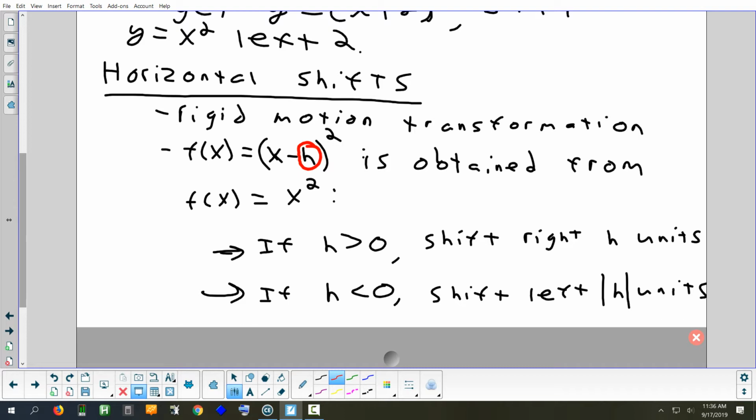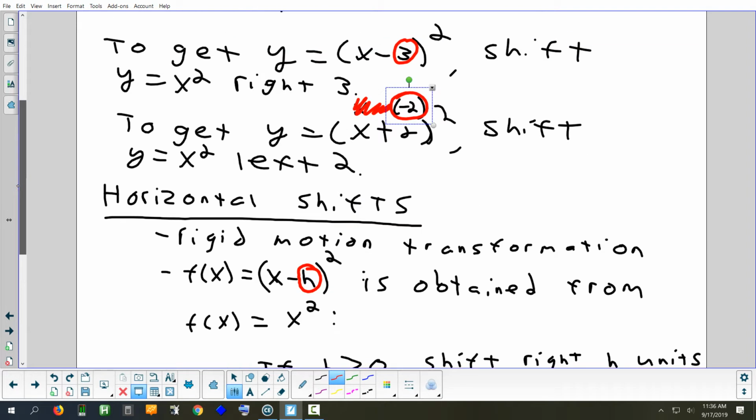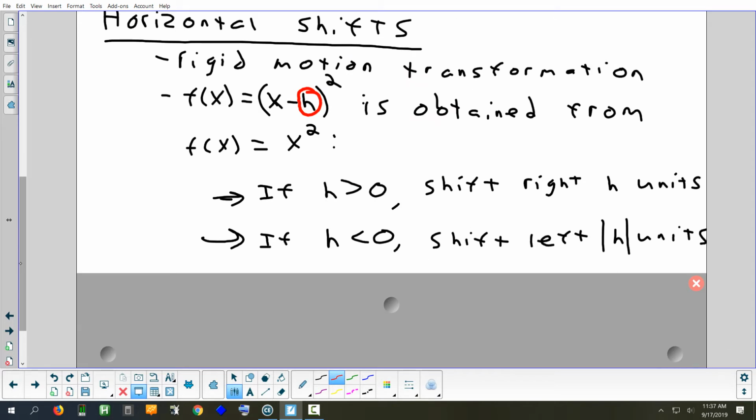Okay? So like if you see a plus 2, think in your head, okay, plus is really going to go left 2. If you see a minus 3, right 3. Okay, you just have to come up with a way of thinking about it that works for you. Okay. Any questions on that?